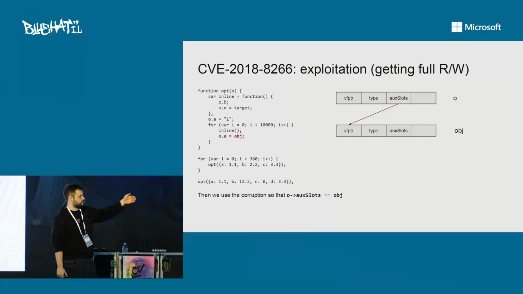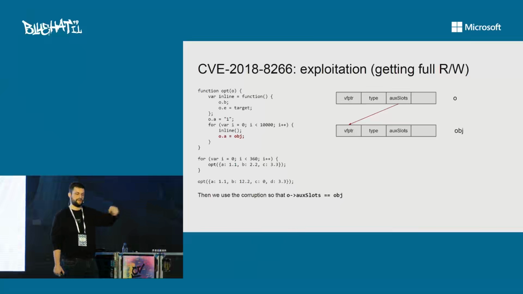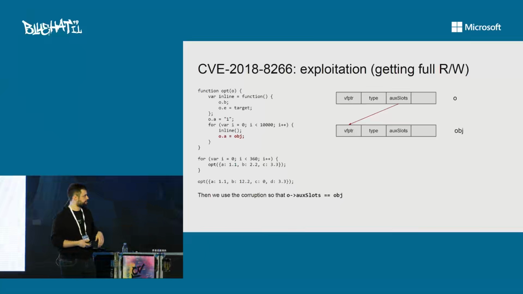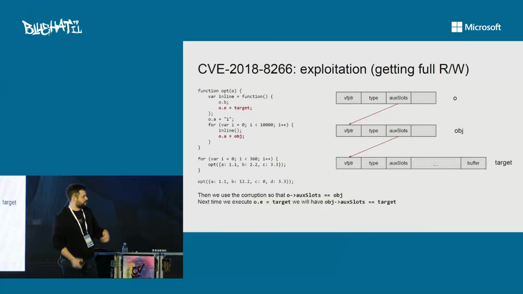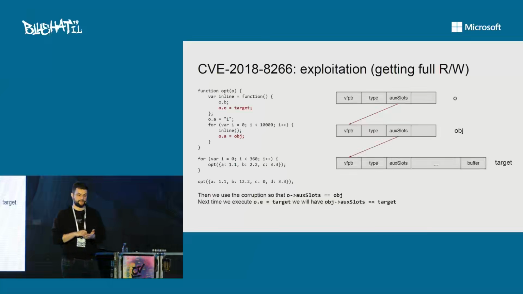So basically, when we trigger the corruption, the bug, this is the memory layout that we achieve on the right. We have object O that basically points to the global object itself, but directly inside it. And now when I run O.t equals target, I'm now able to further corrupt the global object and make its slots pointer point inside the array buffer itself.